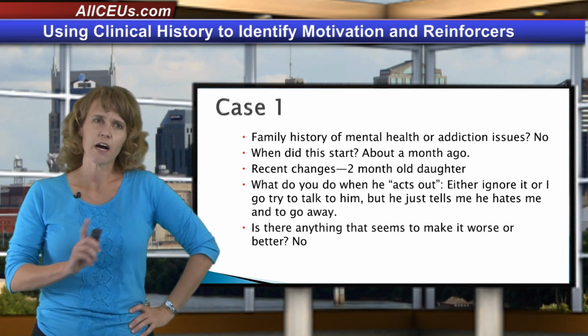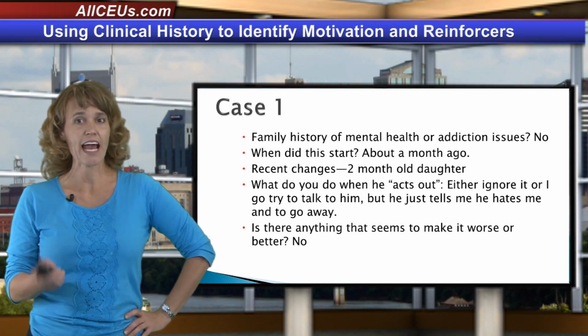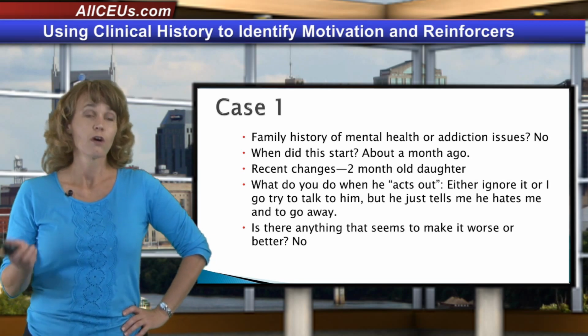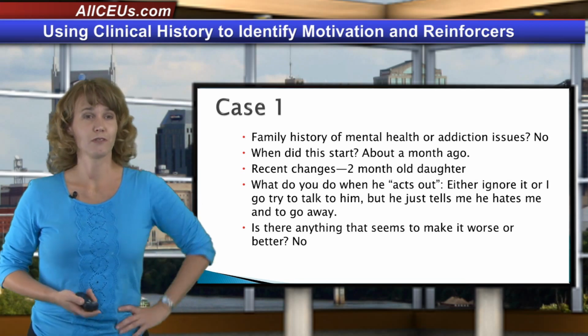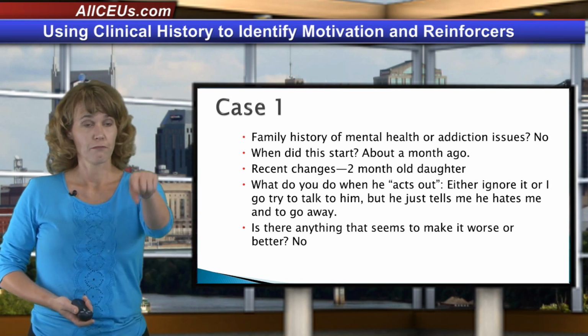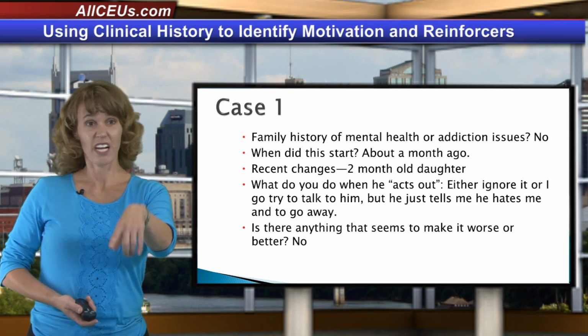So, all right, that's not working. I go to try to talk to him, but he just tells me he hates me and to go away. What's the reward there? He's got control. He got parental attention, and then he was able to say, oh, but I don't want it now.